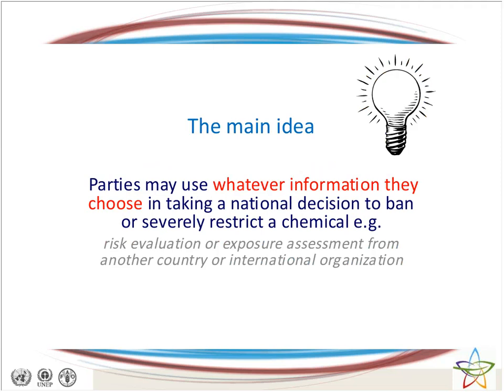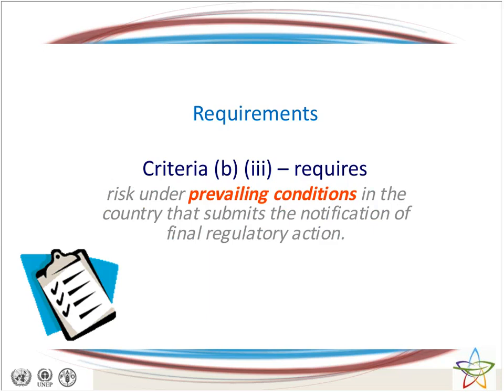As I mentioned, for example, a risk evaluation or an exposure assessment from another country or international organization. But they have to show the criterion B3 of Annex 2 is fulfilled, and this requires showing that the risk under prevailing conditions in the country that submitted the notification of the final regulatory action is present.